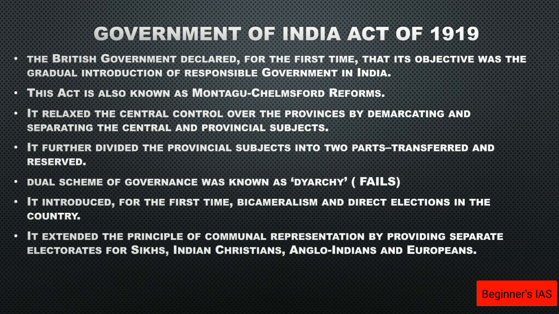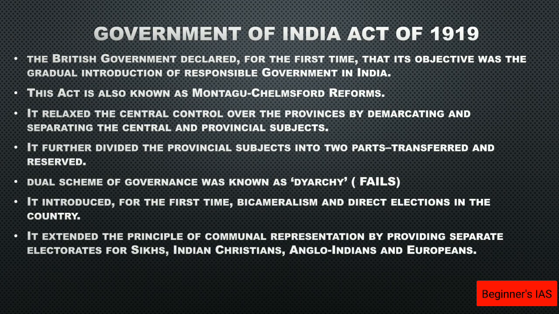So the Indian Legislative Council was replaced by a bicameral legislature, consisting of an upper house, the Council of States, and a lower house, called the Legislative Assembly. The majority of members of both houses were chosen by direct election.